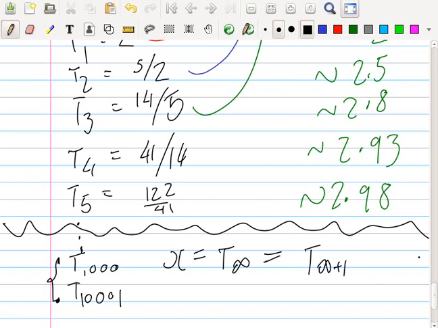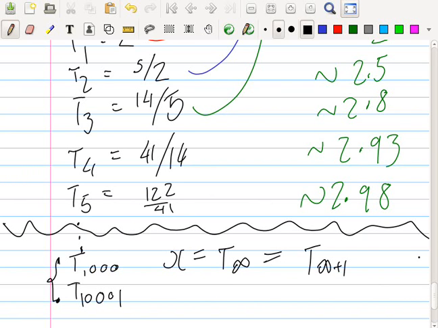press equals, press AC. So 2 equals AC. So that's the start.